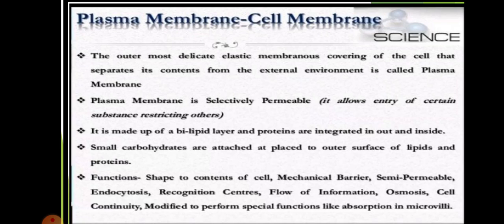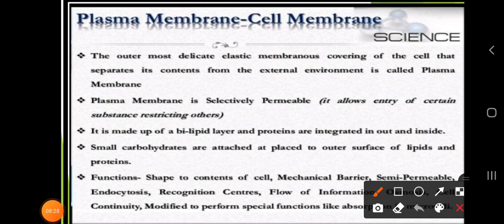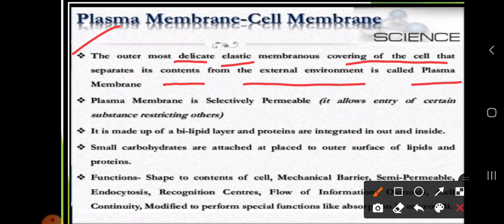Okay, now let us discuss a few more points about the plasma membrane itself. If the question is asked, write a short note on plasma membrane, then which points can you write? The outermost delicate elastic membrane covering the cell, that separates its contents from the external environment, is called the plasma membrane.